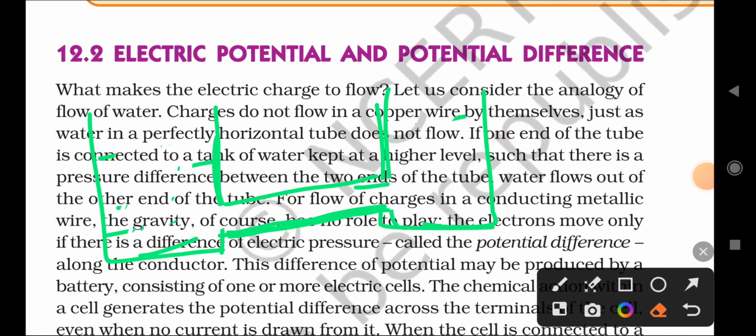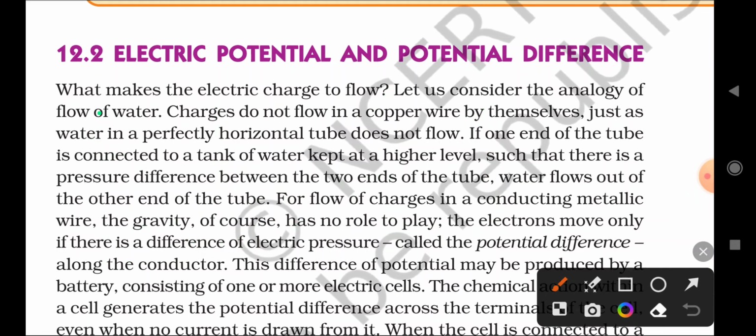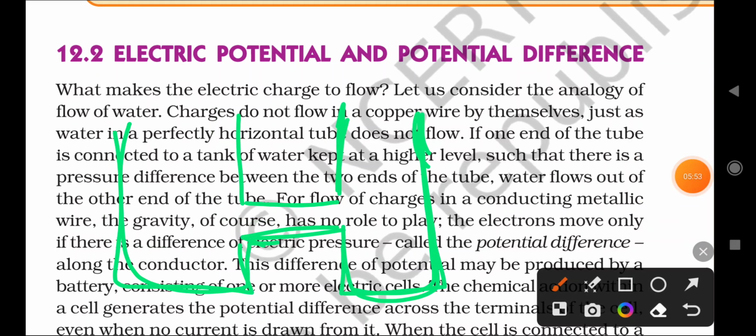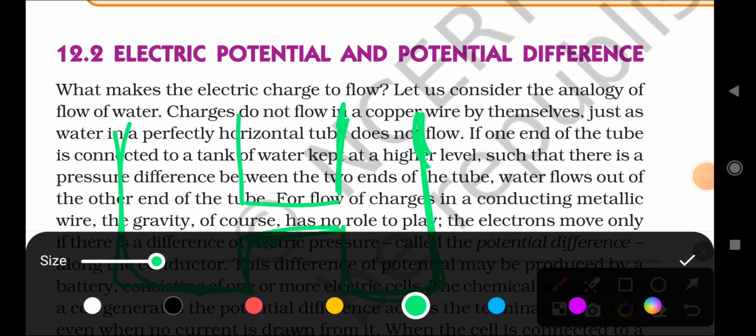Take two large containers and place them on a horizontal plane.